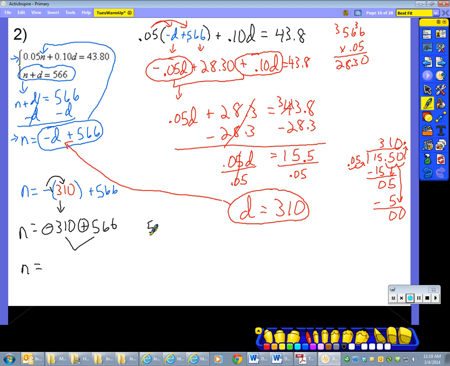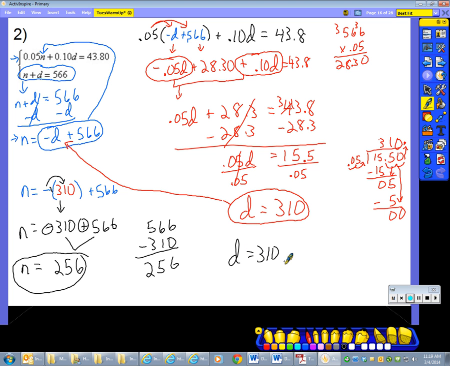So let me go ahead and do that subtraction problem. 566 minus 310. 6 minus 0 is 6. 6 minus 1 is 5. 5 minus 3 is 2. So that is 256. And it is positive because I have more positives. So here's my solution. The number of dimes is 310, and the number of nickels is 256.